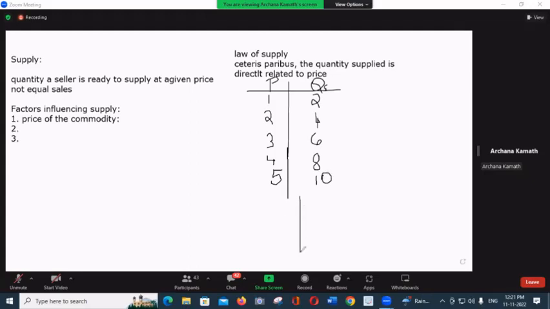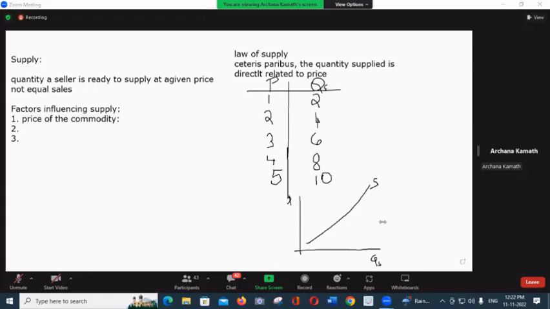On a two-dimensional graph, you have quantity supplied on the x-axis and price on the y-axis. As a result, your supply curve will be a positively sloping line. Clear? So ceteris paribus, keeping all of the factors the same, we have what is known as the upward sloping supply curve.